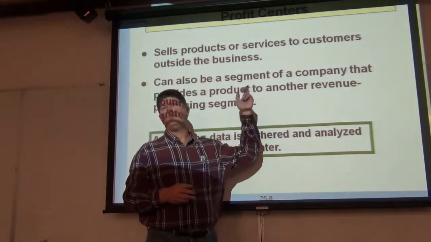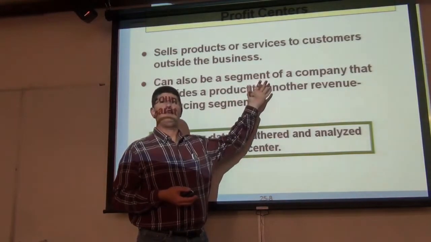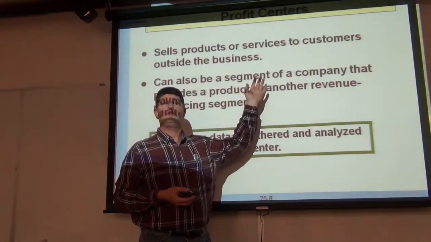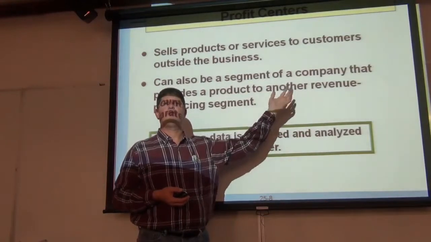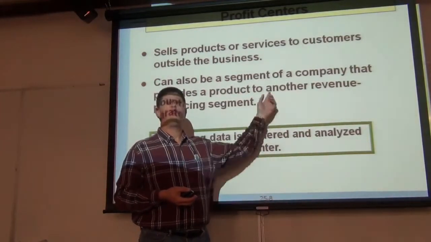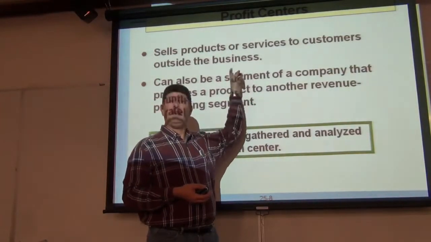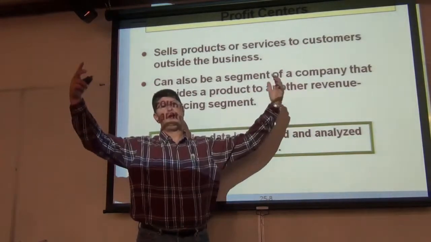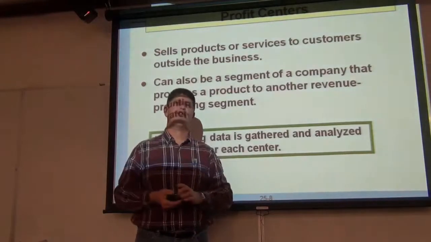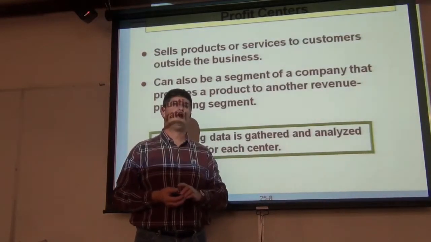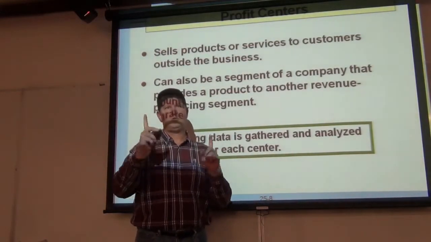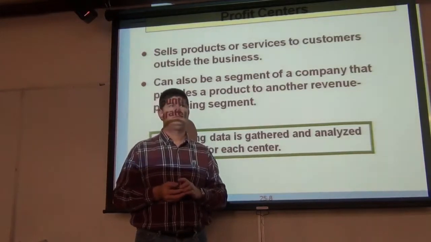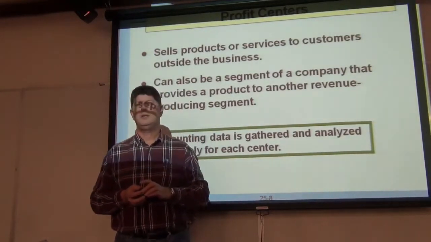So pick any bank. They may have the West Coast division, the Mid-Atlantic division, the foreign division, the real estate lending division, the business loan division. So it could be a group of retail outlets as opposed to each one. Okay? In my scenario, it's each one. Good? Okay.